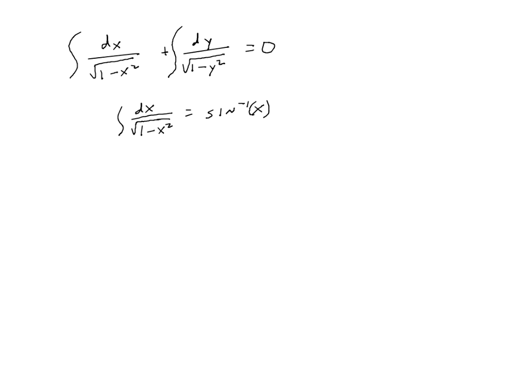But when you integrate the first term, you're going to get inverse sine of x, and then say plus a constant. And you integrate the second term, and you get inverse sine of y plus some other constant. And that's going to add up to 0.